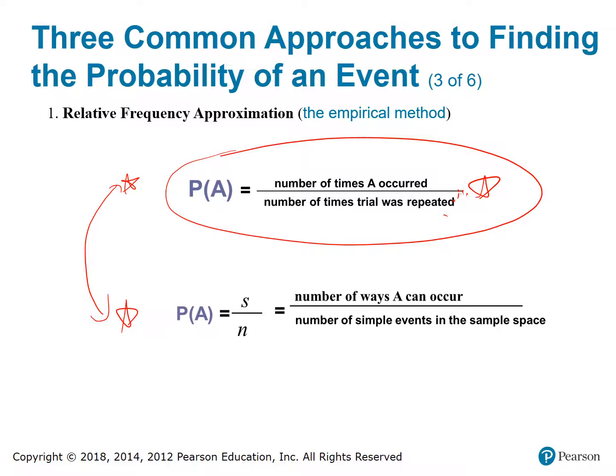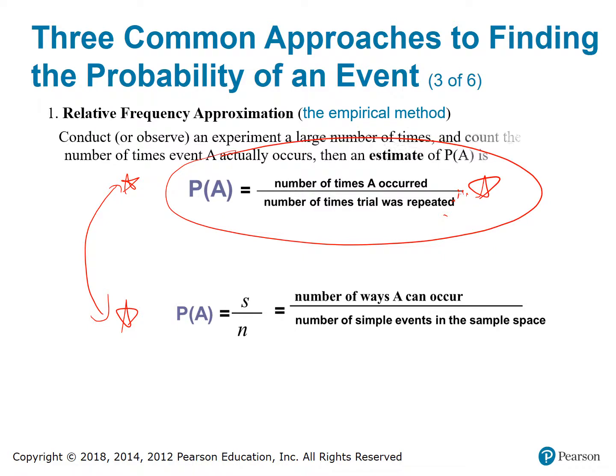And this method is called the relative frequency approximation. It's also known as the empirical method. Once again, you construct an experiment with a large number of trials and count the number of times the event A actually occurs.